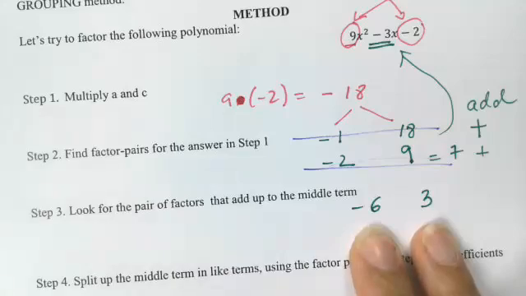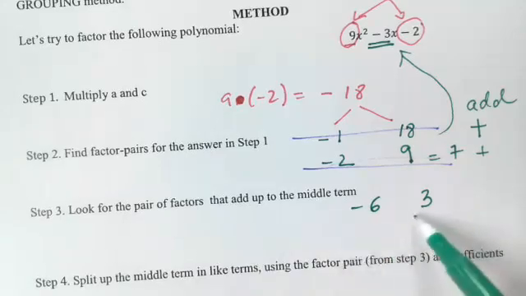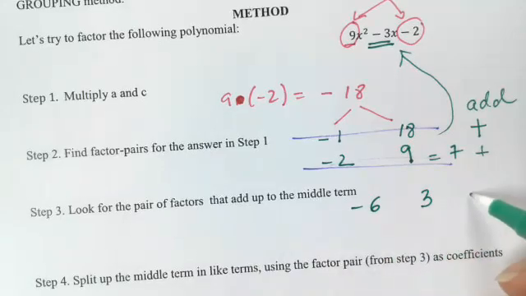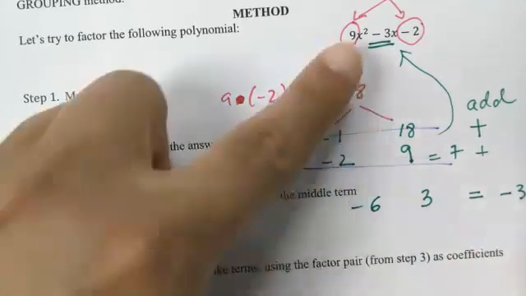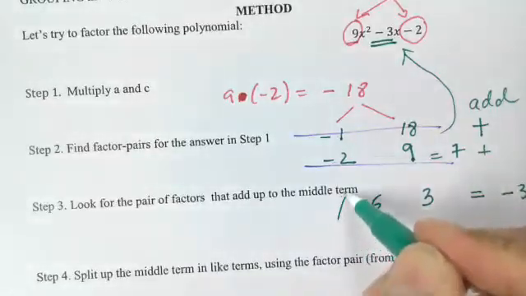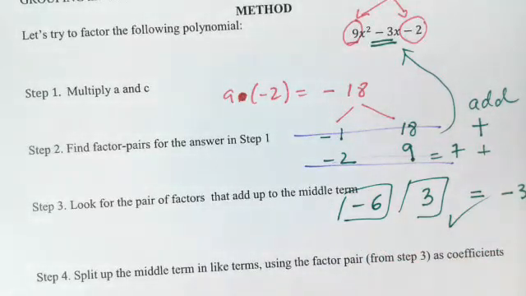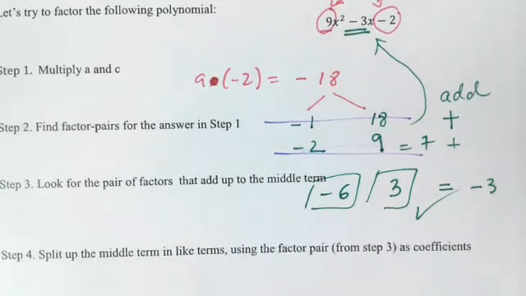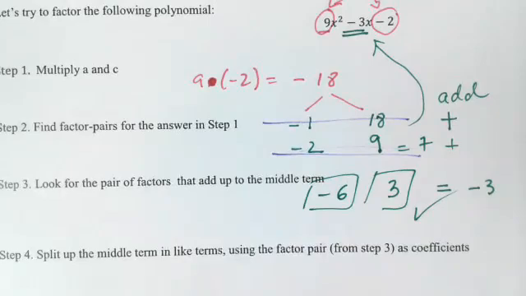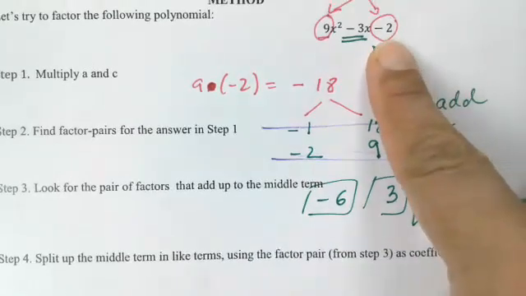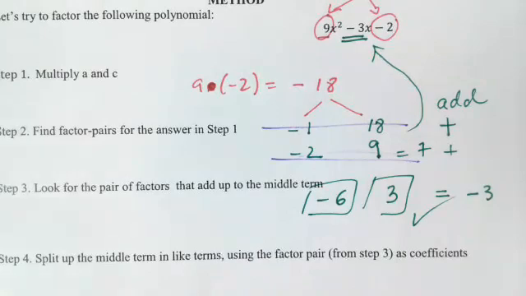So they are the factors of negative 18. When I add them, I get negative 3, which is the middle term. So these are the good factors. Yes, I found them. Make sense? So this trinomial is going to be factorable. I will be able to write it as a multiplication of two binomials. That's what we're going to go towards.